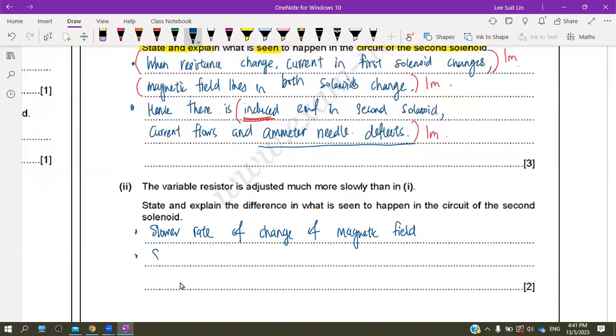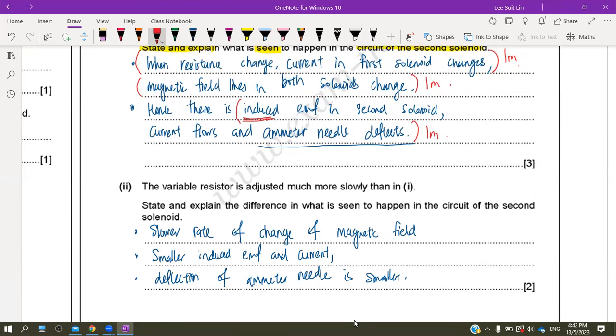Because of this, there is a smaller induced EMF and current. So because of this, the deflection of the ammeter needle is smaller, less deflection.